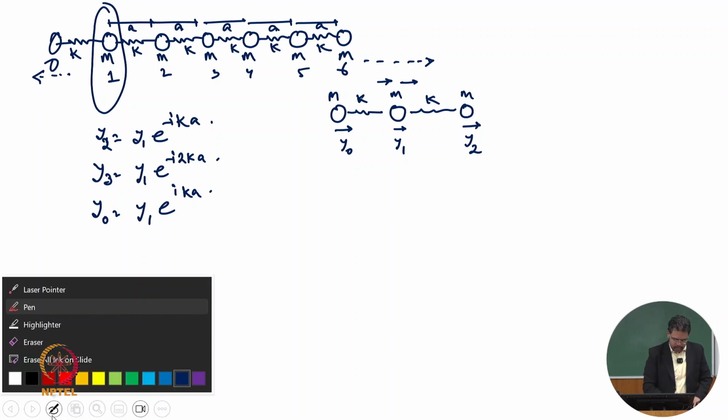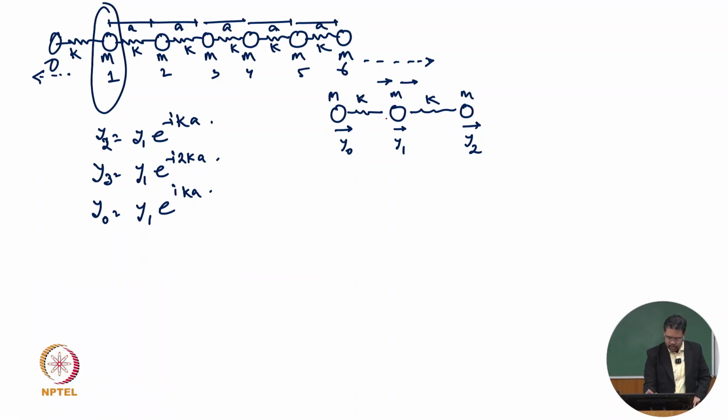This point will have the inertia force of m into y1 double dot. Agreed? How much will be that force? k into y2 minus y1.